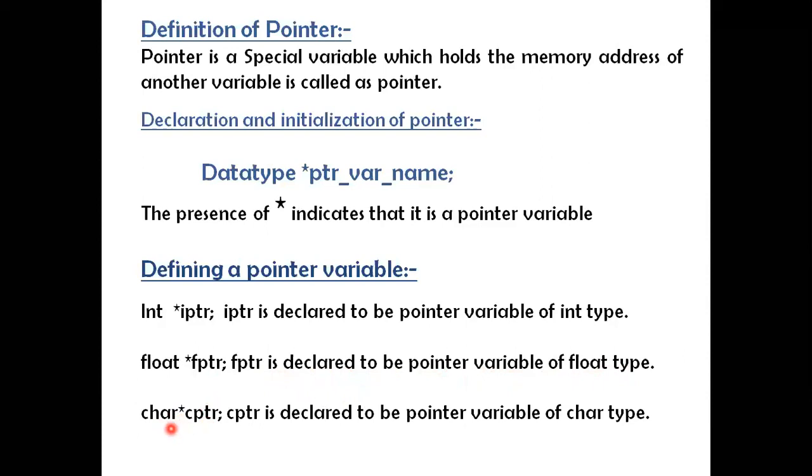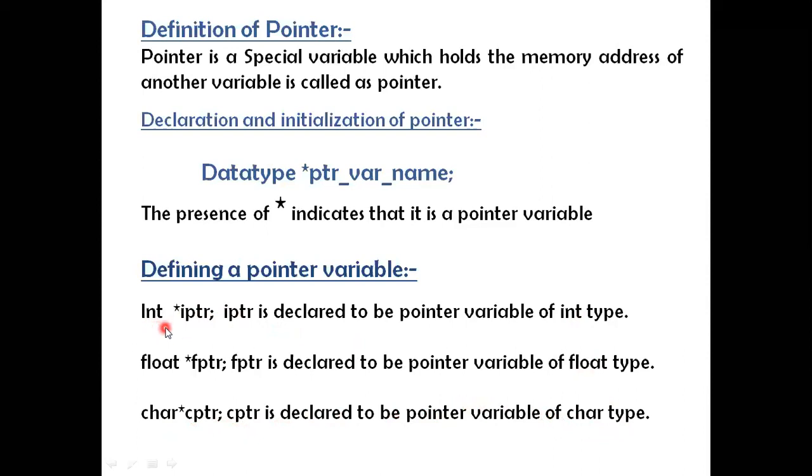CPTR is declared to be a pointer variable of character type. The first example is for integer type, the second example is of float type, and the third example is of character type. Got it? So these three are the examples.